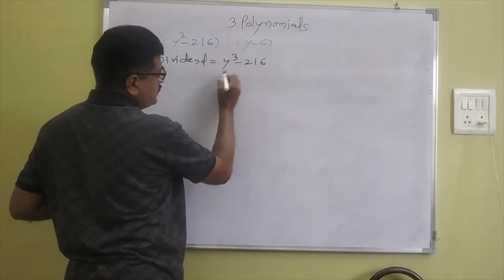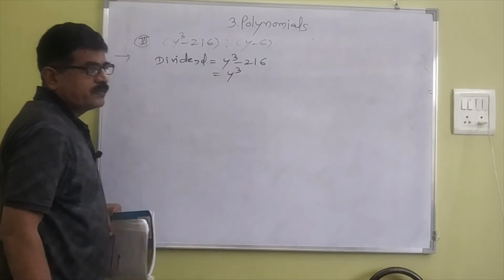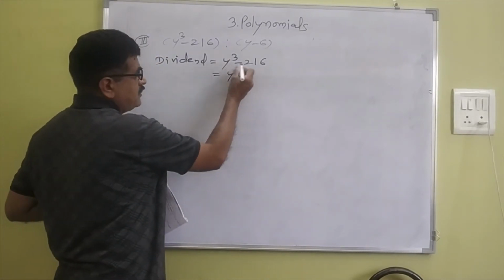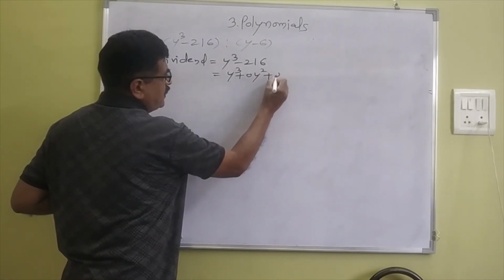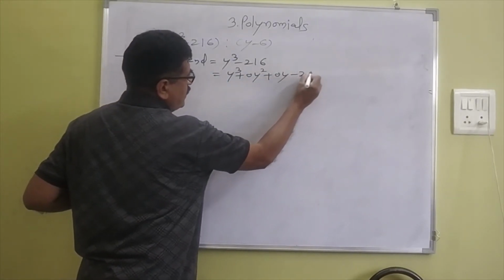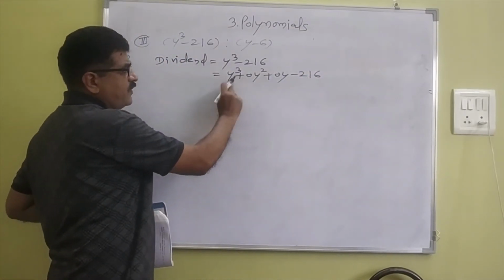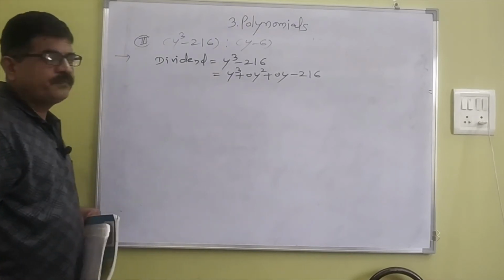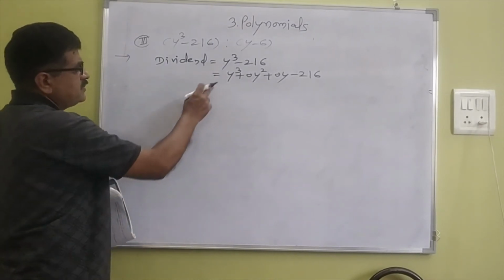First write down this in standard form, is equal to y cube. Then here y square term is absent, therefore 0y square plus 0y minus 216. Its degree is 3, therefore it contains 4 terms. This is in standard form.